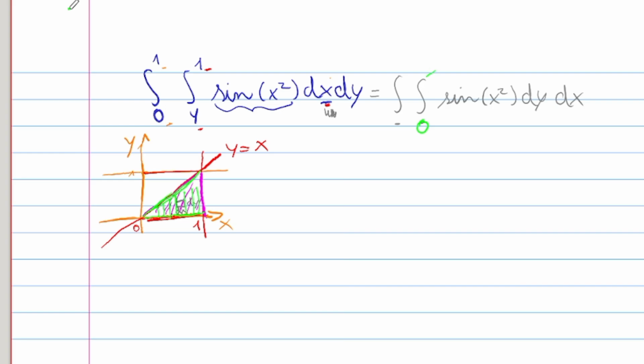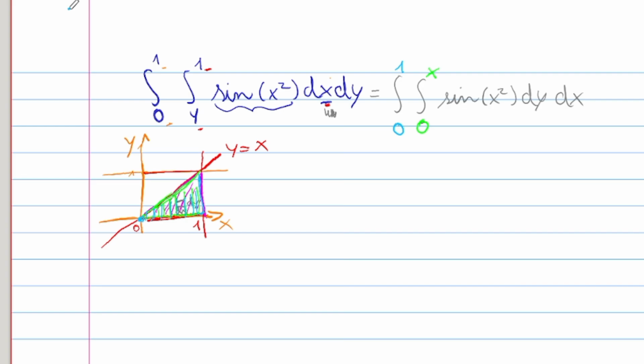So here it's x. And x, as we see, goes from 0 to 1.